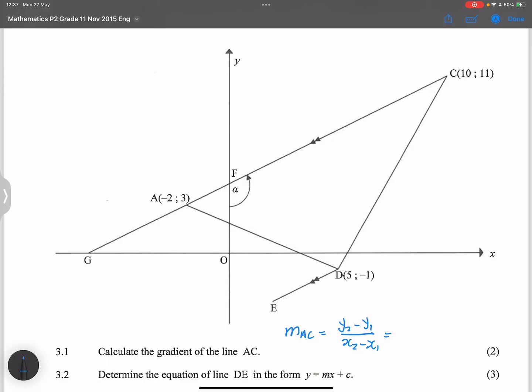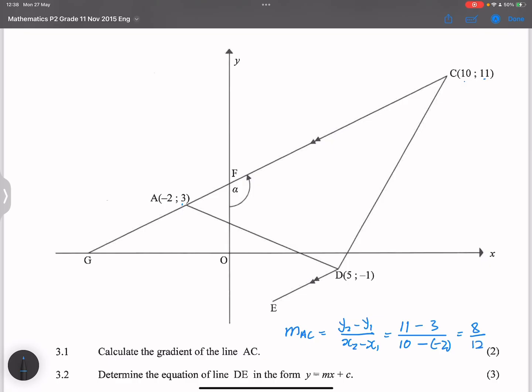So that's going to be 11, that's the y value, minus y1, which is 3, divided by, again, we're going to start there at C, that's 10 minus a negative 2. So this is 11 minus 3, that would give us 8, divided by 10 plus 2, which is 12.